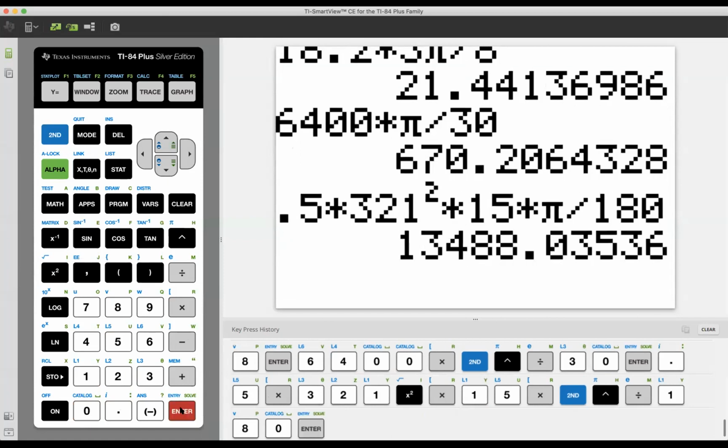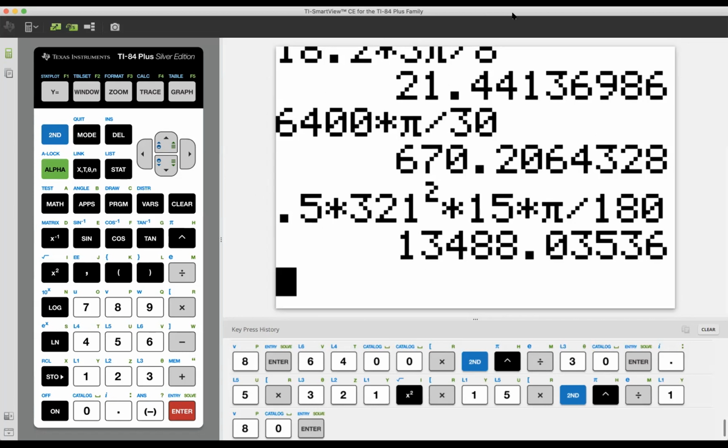And there's my answer. This one said round to the nearest integer, so I would use the whole number, 13,488. And the unit for this one would be square meters, because we're finding an area, and an area is always measured in square units.